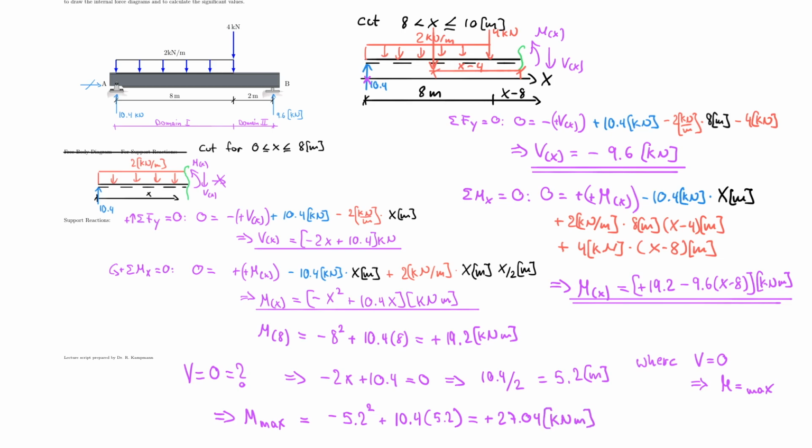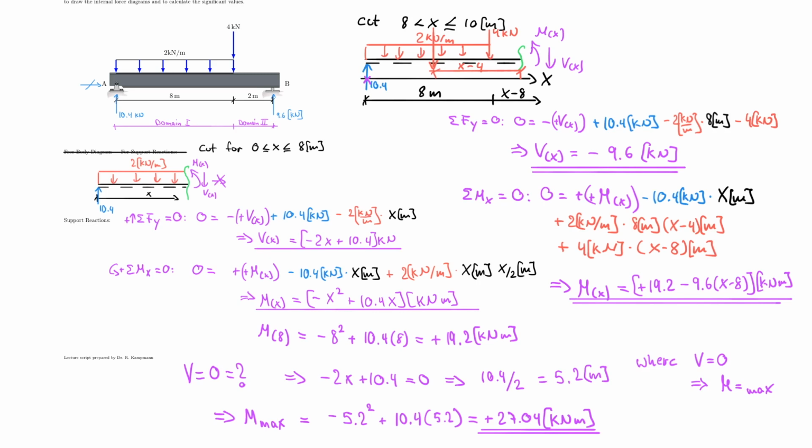And that is a significant value that I certainly need to include in my following diagram. So now I really have all my values complete that I need to professionally draw my shear force diagram for domain 1 and domain 2, and my bending moment diagram for domain 1 and domain 2.